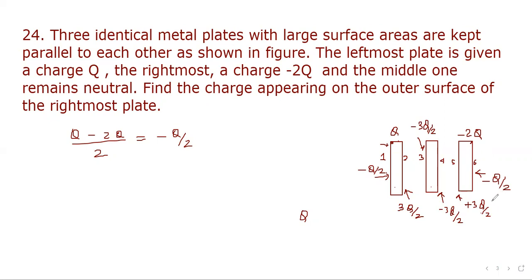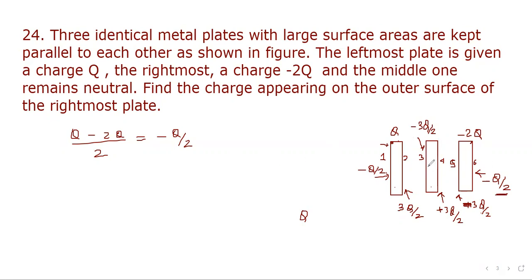This is minus q by 2 and this is plus 3q by 2, and since total charge is minus 2q, so here this is minus 3q by 2, so this must be plus 3q by 2 to make it neutral. Now if we find the sum of this minus q by 2 on outermost side, and this minus 3q by 2 on the surface number 5, so total charge must be minus 2q. Clearly it is minus 2q.